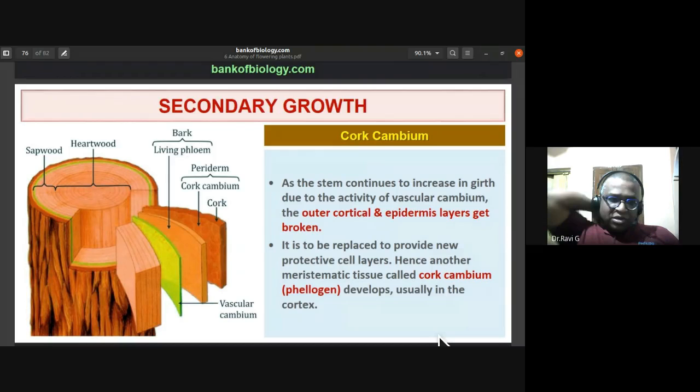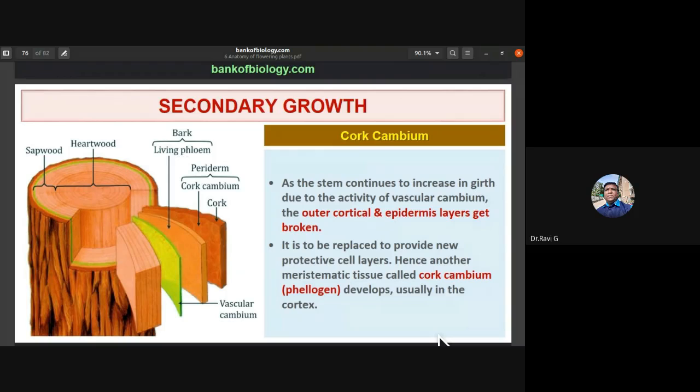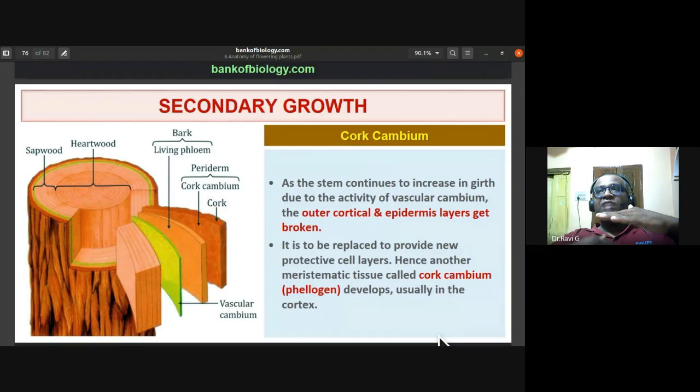Another name for cork cambium is phellogen. Phellogen cuts off cells towards the outer side, which we call phellem or cork, and towards the inner side, which we call phelloderm, or also secondary cortex.